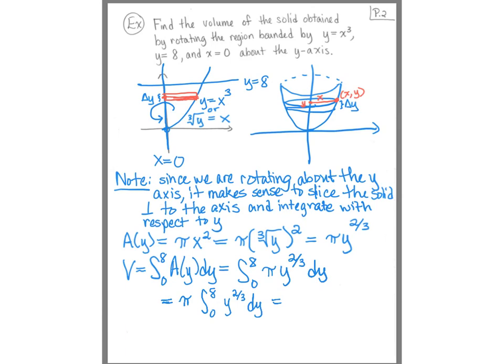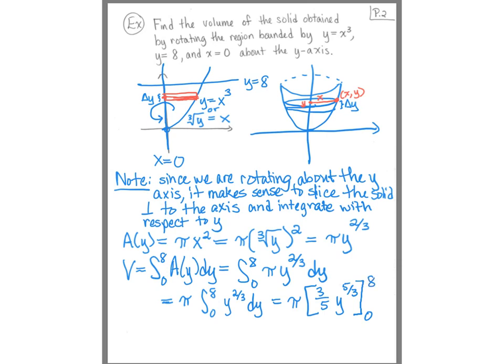Now you integrate, so you get pi times 3/5 y to the 5/3, right? Because when you integrate, you take your exponent, y raised to the 2/3 plus 1, divided by 2/3 plus 1, and that gives us y to the 5/3 divided by 5/3, which simplifies to this.